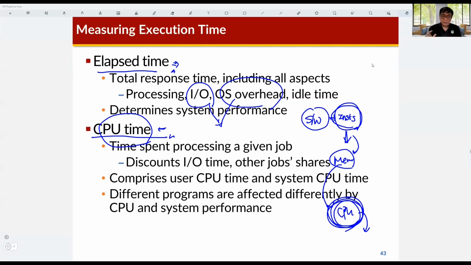We just measure the execution time in the CPU, the processor. It is because in the computer system, the CPUs execute instructions. And I also explained that the software is translated into instructions, and then these translated instructions are executed by CPUs. That's why we focus on the CPU time.